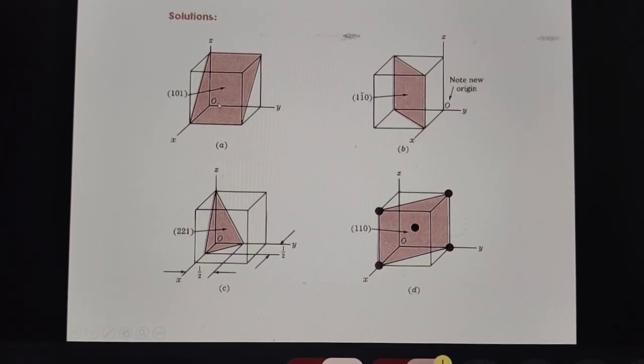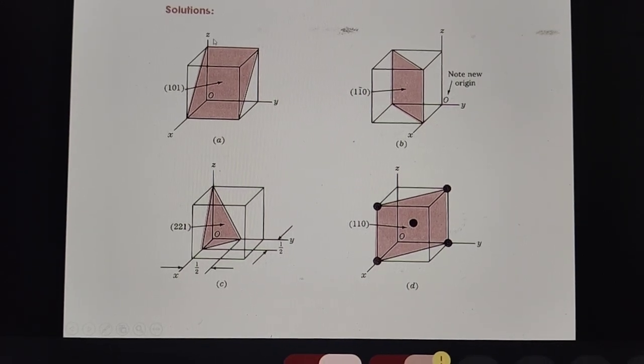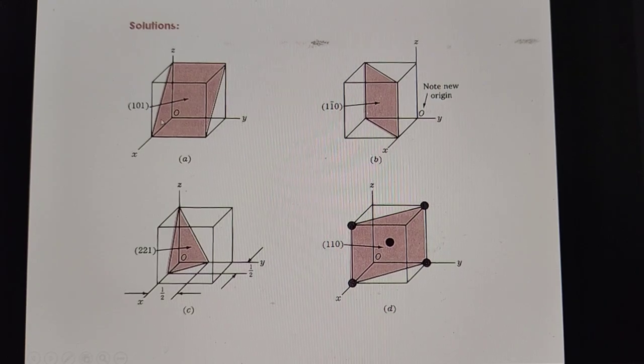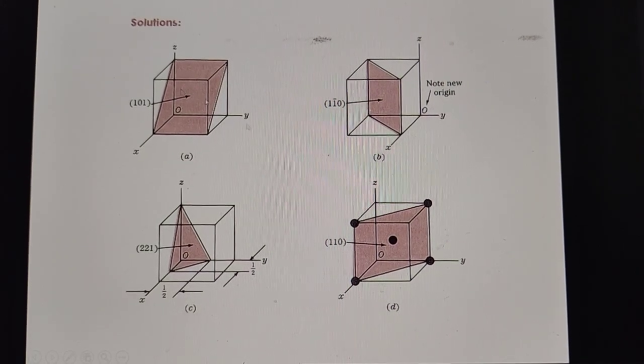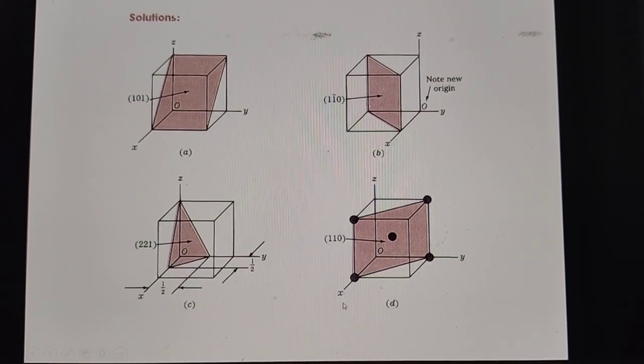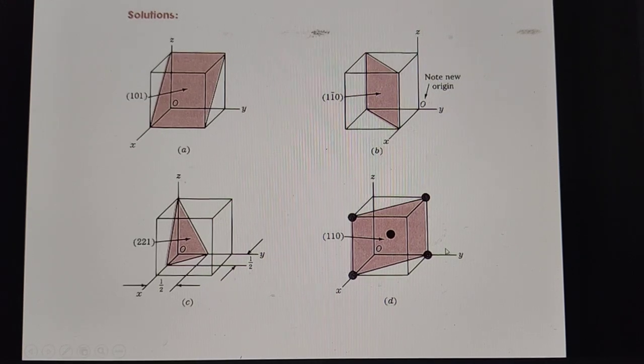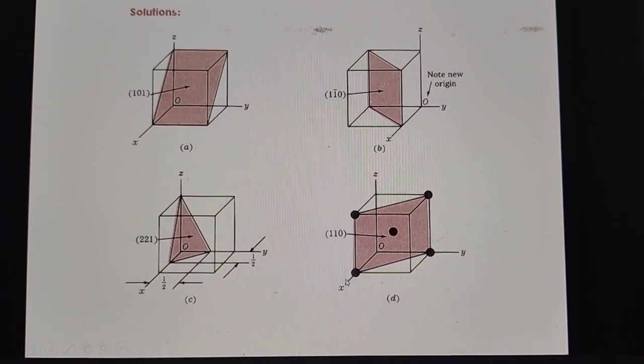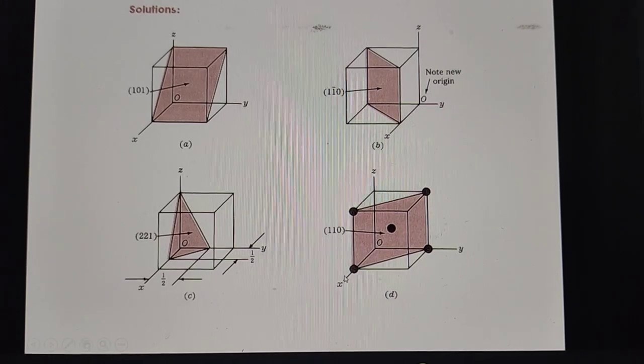So 1, 0, 1. These are the final points, and you draw this plane. So this is the 101 plane. This is 1, this is 1, and you don't move anywhere. So this is the 110 plane. Okay, so these are the things.